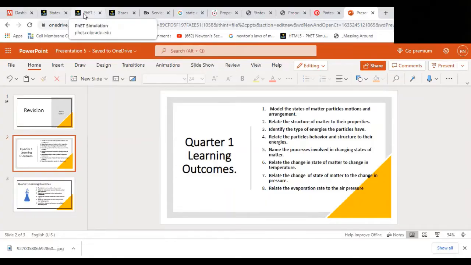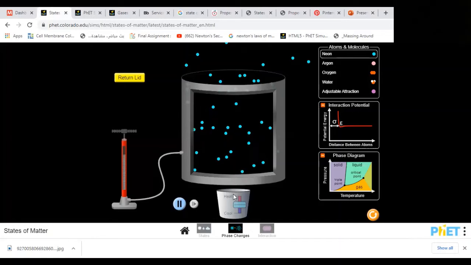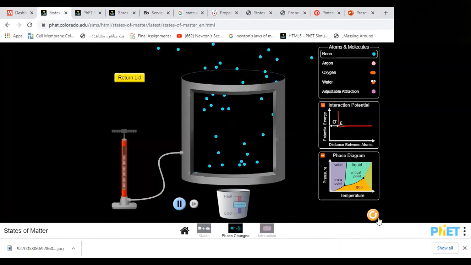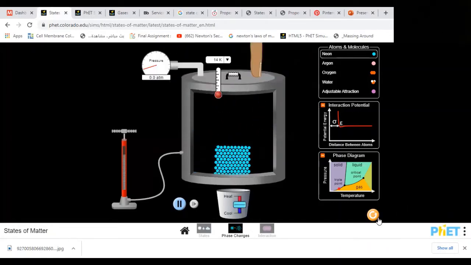Back here, now we will name the processes involved in changing the state of matter, and we will relate the change in temperature to the changing state of matter. Now I have solid. How many factors can I use to change the state of matter?